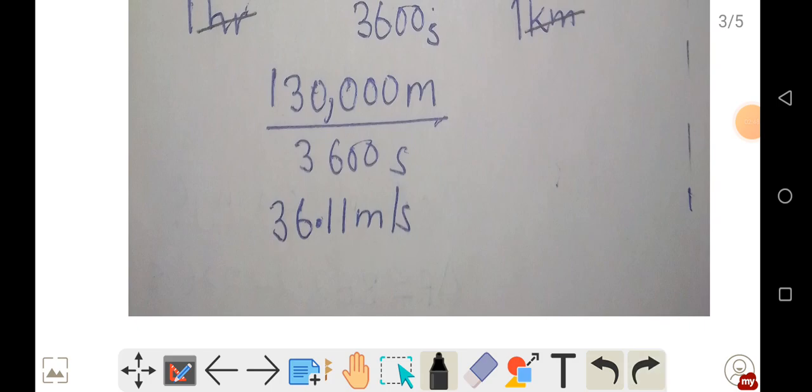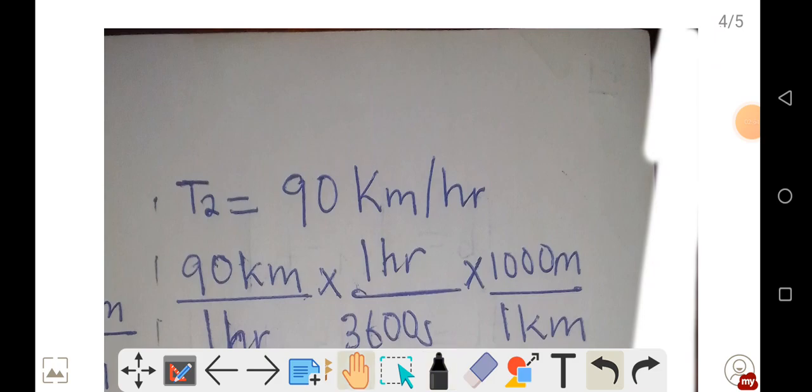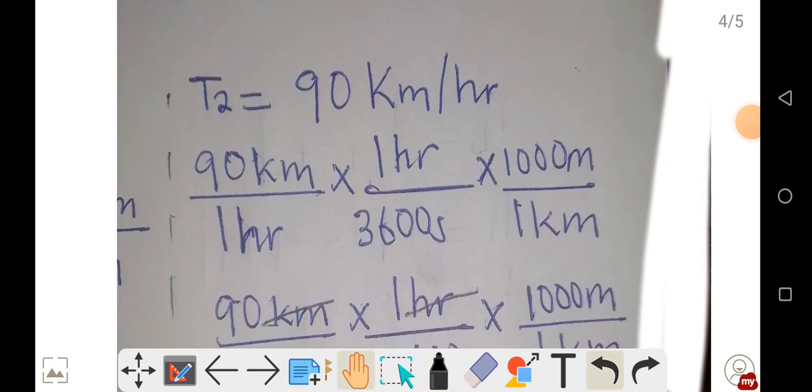Let's also look at the speed for train 2. So here we also do the same, 90 kilometers over 1 hour, which is here. Then the relationship for time, 1 hour is equivalent to 3,600 seconds, which we have written here.